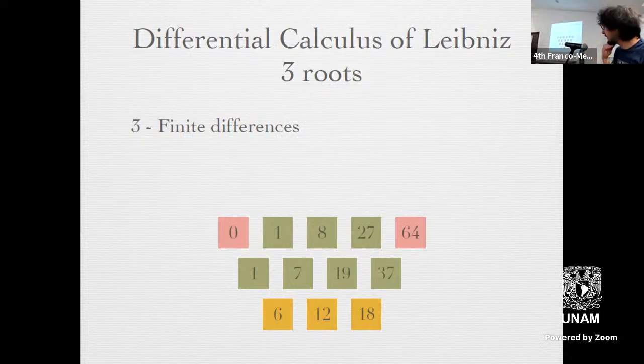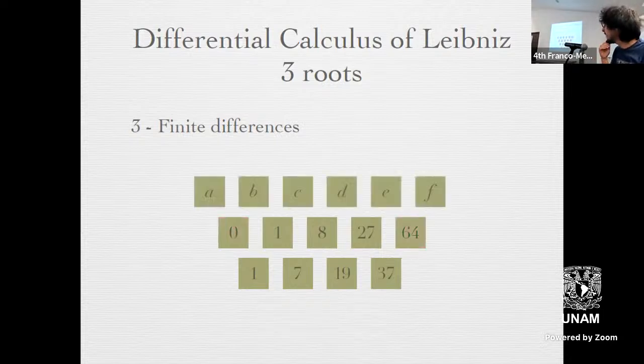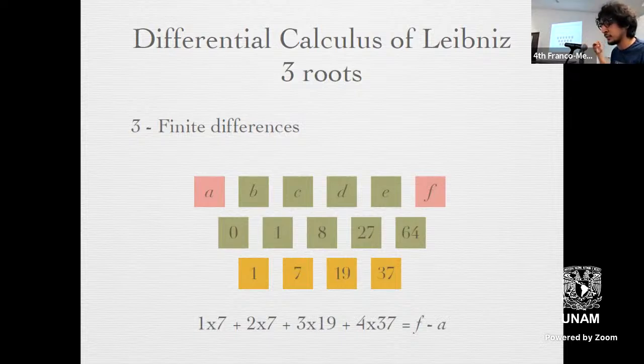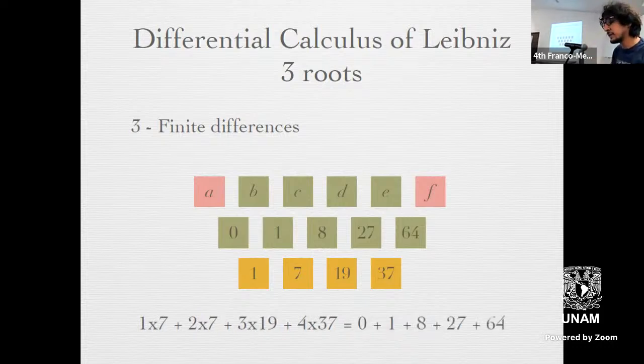So, for example, here you want to find a progression such that the differences of that progression is the given progression, and you can use this property to compute the sum. So the sum of differences is equal to the differences of the higher progression, and the differences of the higher progression is the sum of the given progression.